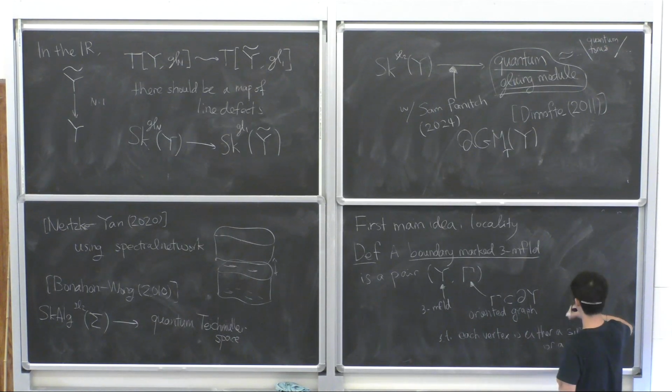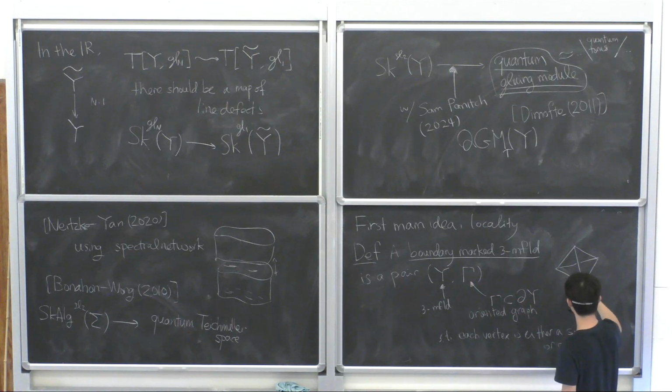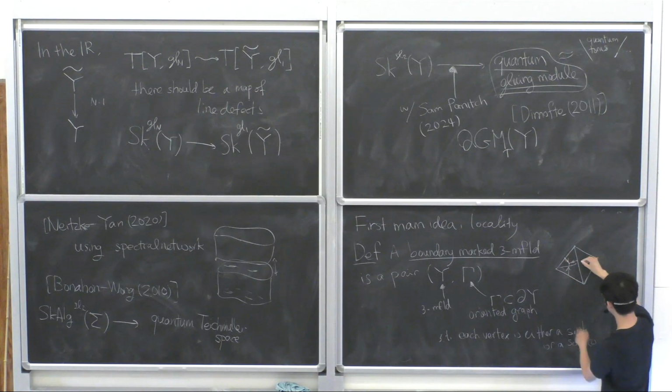Just as an example, let's take Y to be a solid tetrahedron. Then we can take this graph, for instance, to be the following graph on the boundary. On each face, we draw a Y-shaped graph, and we put orientation in such a way that they're all oriented toward the center of each face.